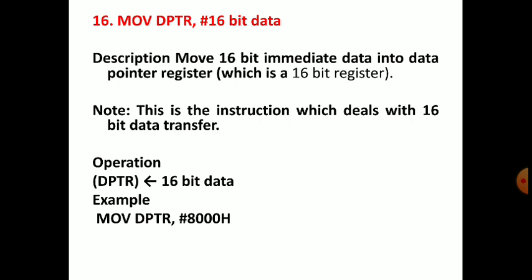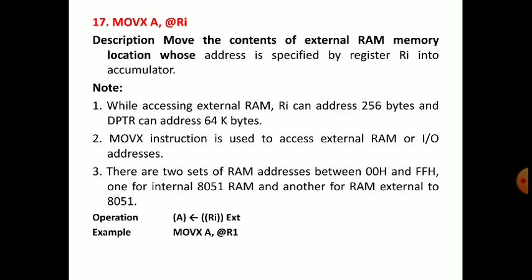Move DPTR comma hash 8000H, as it is a hexadecimal number, from conversion of hexadecimal to binary, we require each and every digit of this hexadecimal to be converted into the equivalent 4-bit binary number, and you can write the example for that.